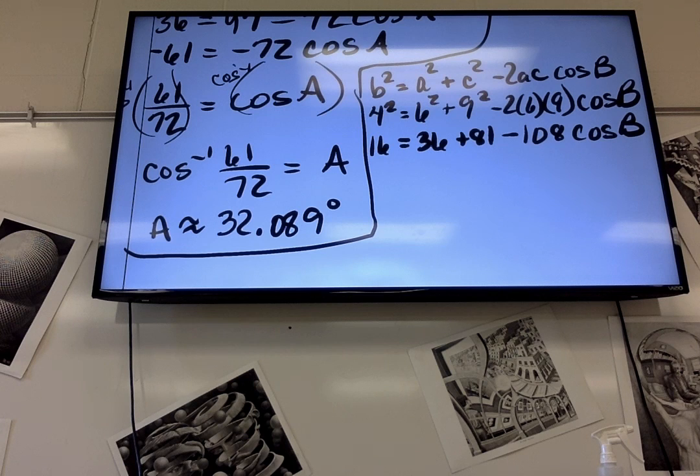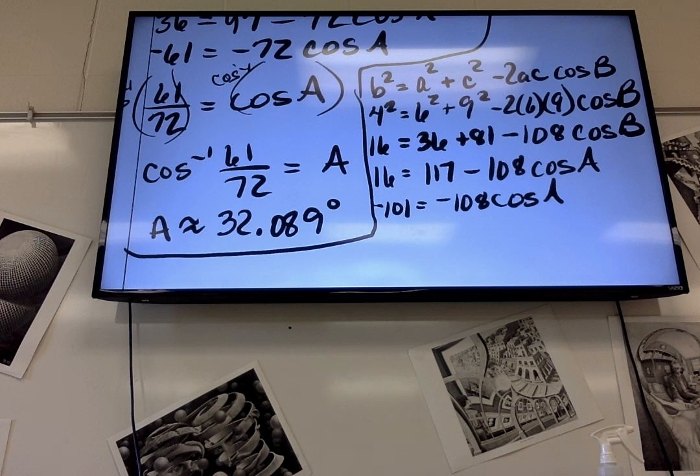Again, don't take 36 plus 81 and then subtract 108. Happens every time. So 117 minus 108 times cosine of B. Oh, I don't know why I keep putting A. That should be B. Sorry.